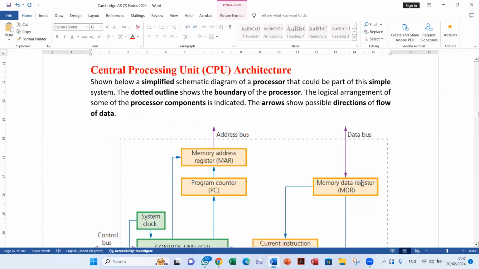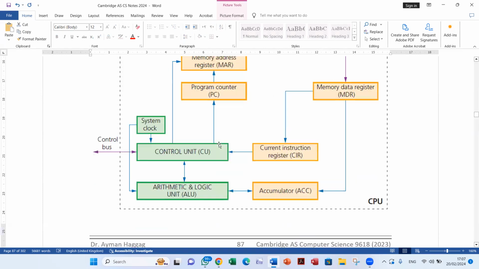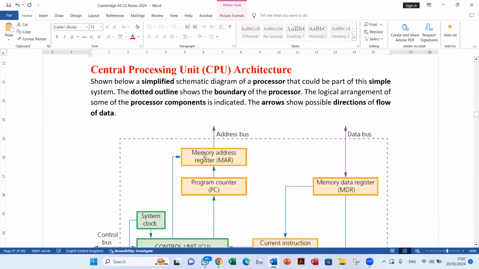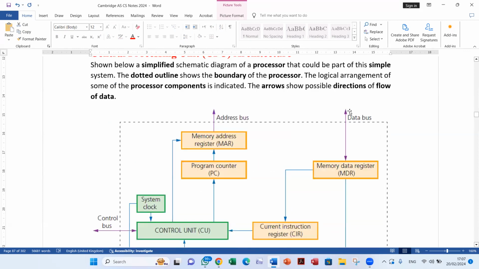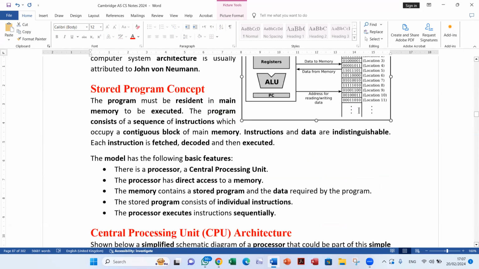The address bus is unidirectional. Why? Because it is always the processor, or to be specific, the program counter or the control unit, that decides the required address. So the address bus is unidirectional. The data bus is bidirectional.